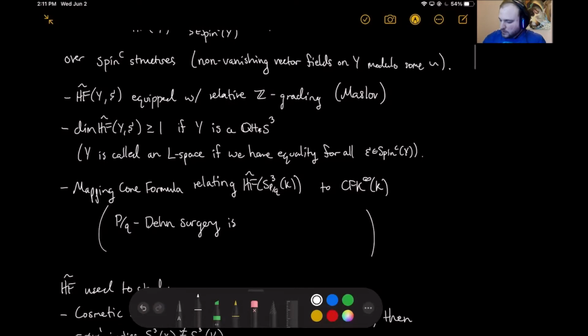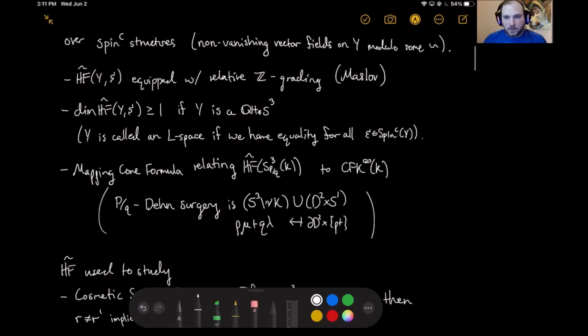This is a reminder, p/q Dehn surgery means you take a knot complement in the 3-sphere, you glue back in a solid torus, but now you send the meridional curve on the solid torus to some (p,q) curve in the boundary of the knot exterior.